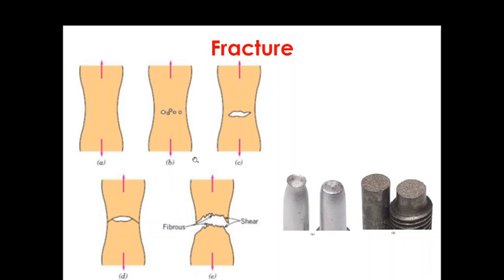The first, after necking begins, that is after point M, small cavities or microvoids form in the interior of the cross section, as shown in figure B. Next, as deformation continues, these microvoids enlarge and come together to form an elliptical crack, which can be seen in figure C.